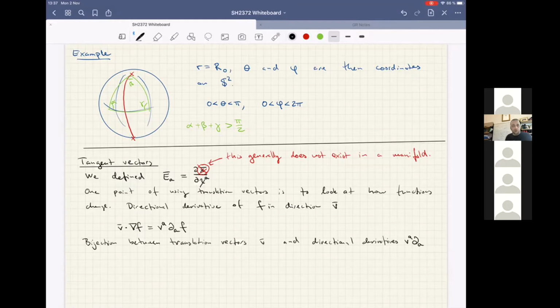So what we are going to do is that since this bijection exists in Euclidean space, but we don't really have a handle on what vectors in Euclidean space mean, we're going to take vectors to be exactly those directional derivatives. So tangent vectors on a manifold are directional derivatives.